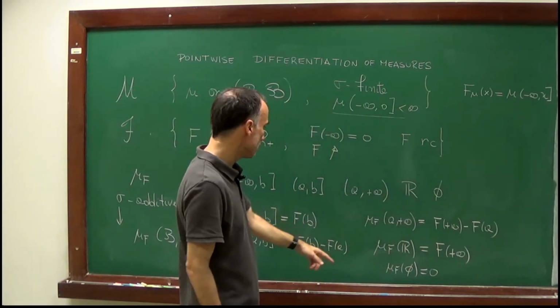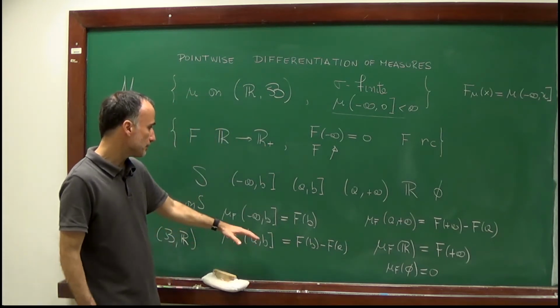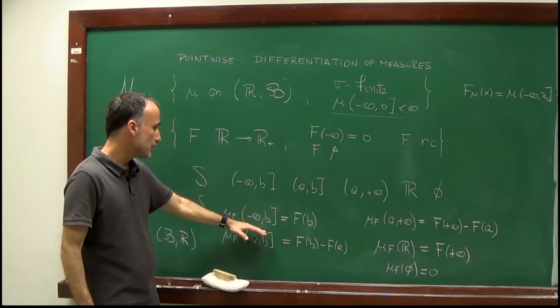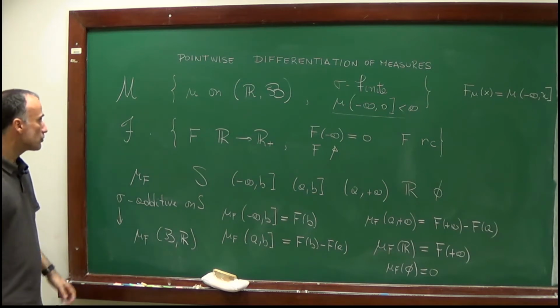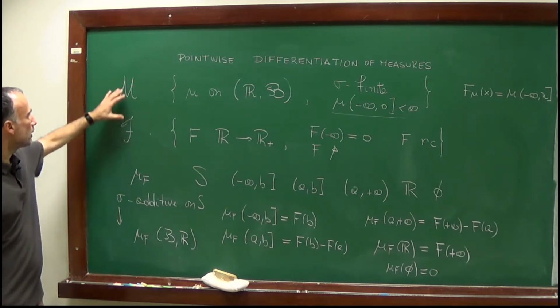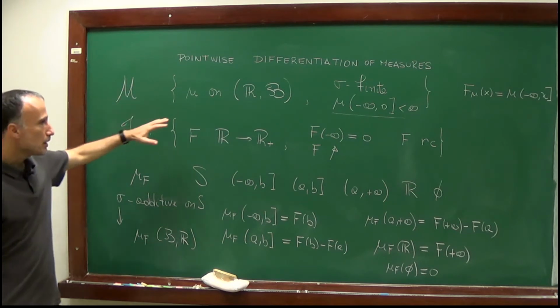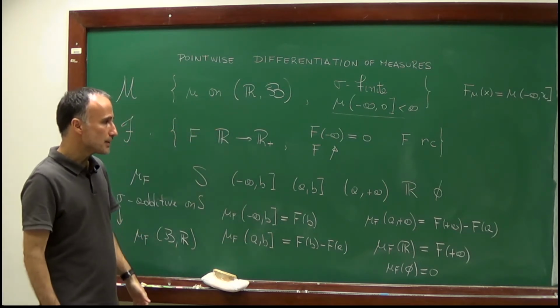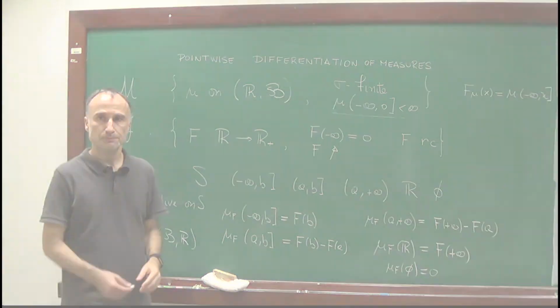Because you see here, this is exactly the relation which is written over there. So there is a one-to-one correspondence between these two sets, and we will play with this correspondence in order to prove the theorem I stated at the beginning of this lecture.